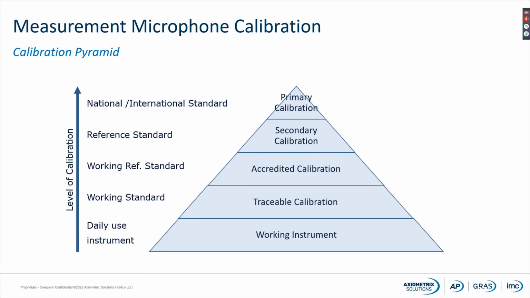And if we go up to national and international standards, then we are talking about primary calibration, which is only carried out in a few places all over the world. Many countries might have one institute in their country where they are able to do primary calibration.